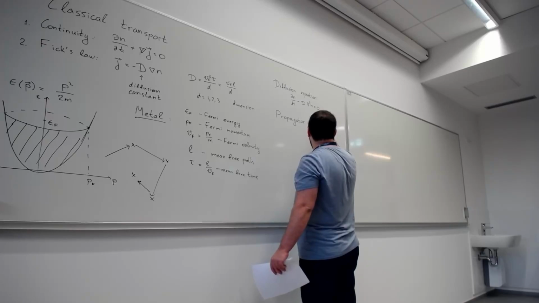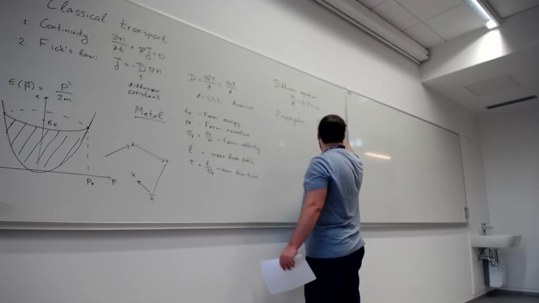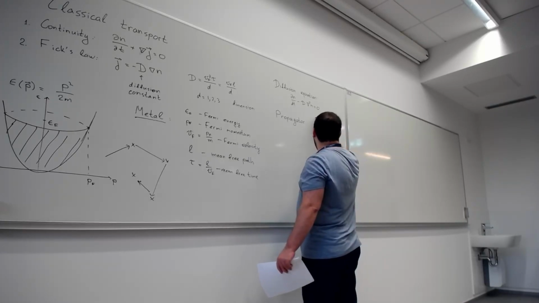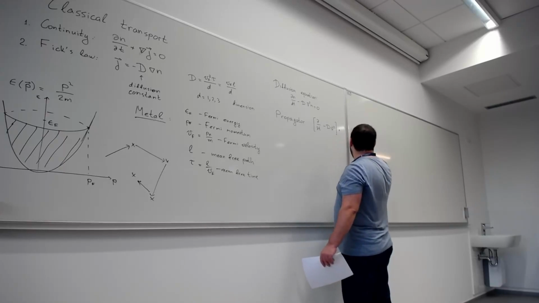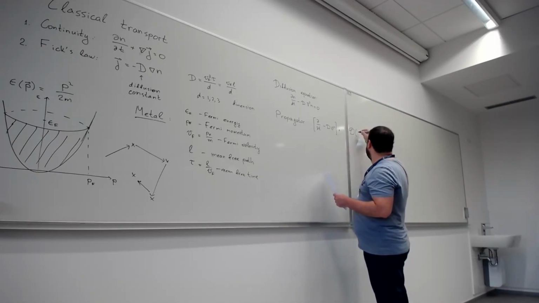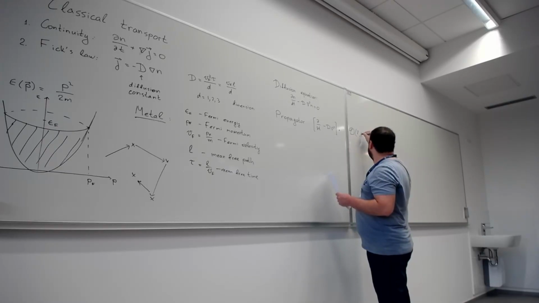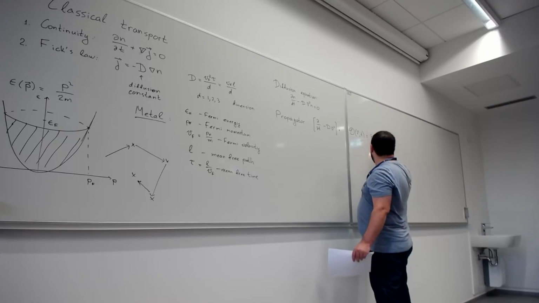We have our equation, d by dt minus D nabla squared, times some function of r and t, equals delta function of r and delta function of t.